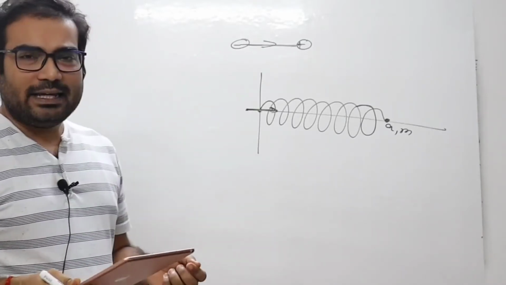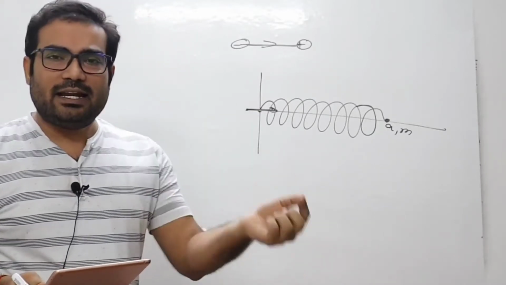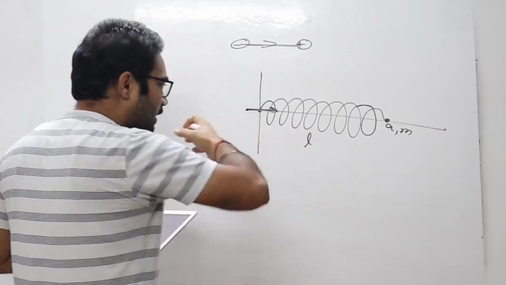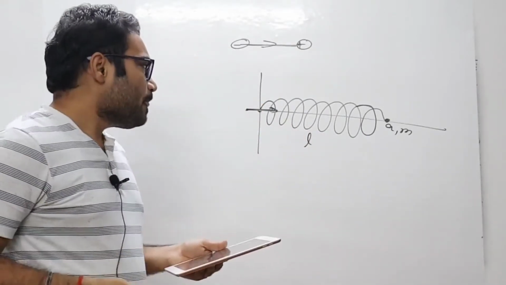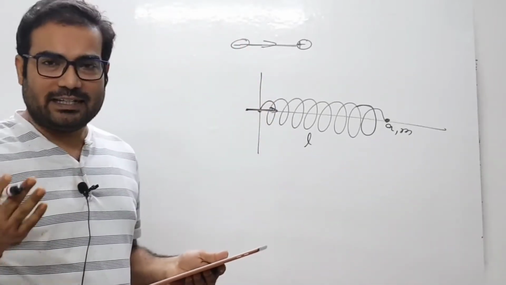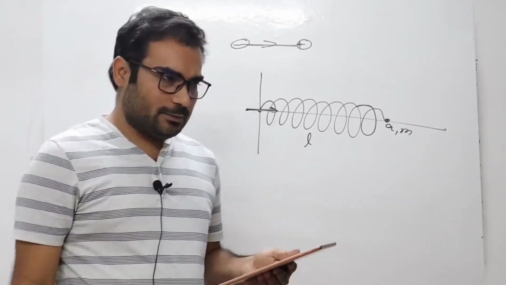This spring is such a type of spring that its natural length tends to be 0. So if this spring is stretched by length L, then the point charge particle experiences a spring force equal to KL, where K is the spring constant.